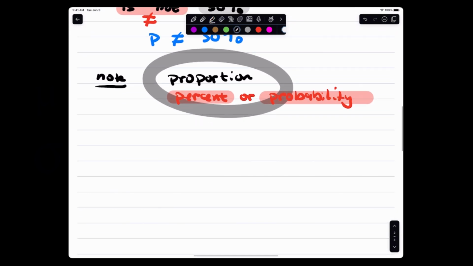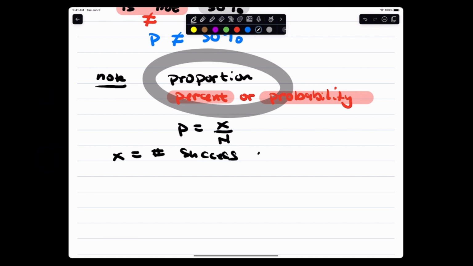And so the population proportion, P though, which we're going to start with, is defined to be X over N. Do you guys remember what X is? X is the number of successes, and big N is the population size. So that's if you take a census.